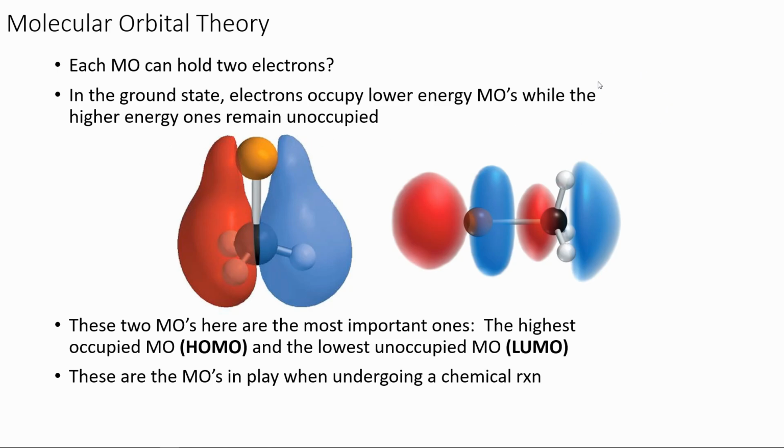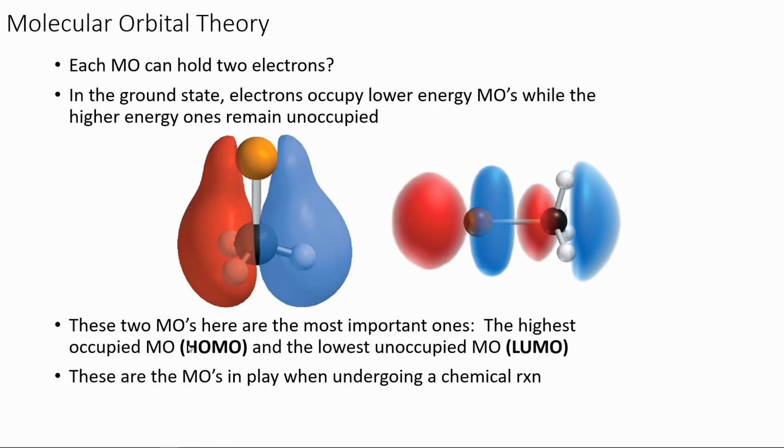Each of the molecular orbitals is able to hold up to 2 electrons. And in the ground state, these electrons are going to occupy the lowest energy molecular orbital, and the higher energy molecular orbitals remain unoccupied. So this brings up 2 vocabulary terms that we want to familiarize ourselves with. That is the highest occupied molecular orbital, or the HOMO.